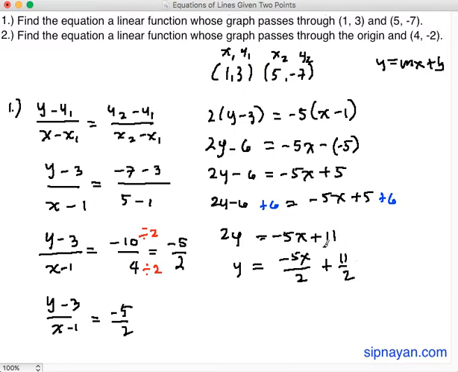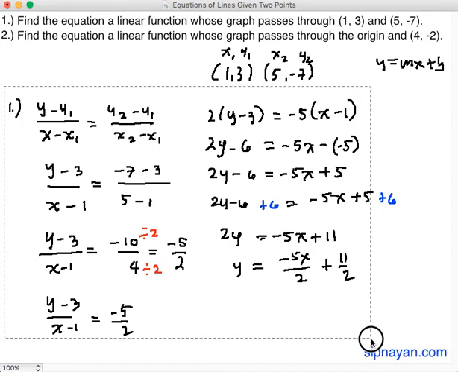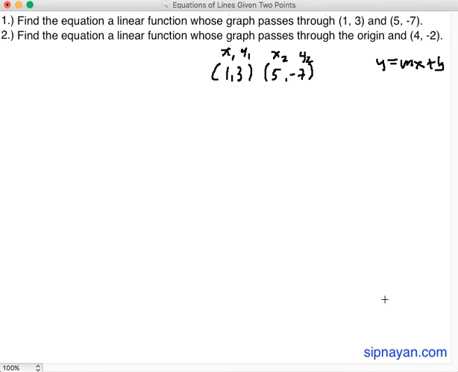Okay, let's have our second example. Find the equation of a linear function whose graph passes through the origin and 4, negative 2. So pag origin, ibig sabihin yan, 0, 0, di ba? So 0, 0, and 4, negative 2.